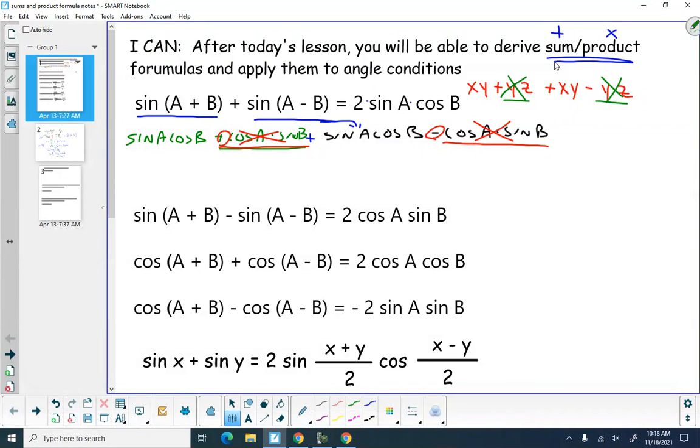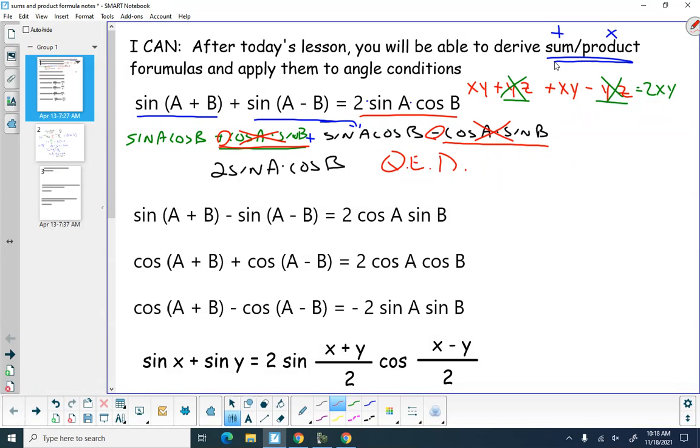But I have an xy plus an xy. If I add an xy plus another xy, what do you come up with? 2xy. Well, if I have a sine A cosine B plus another sine A cosine B, that gives us what then, Grant? 2 sine A cosine B. Which is what we're looking at.